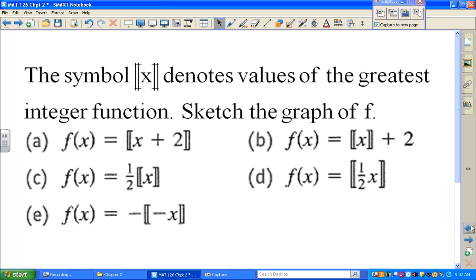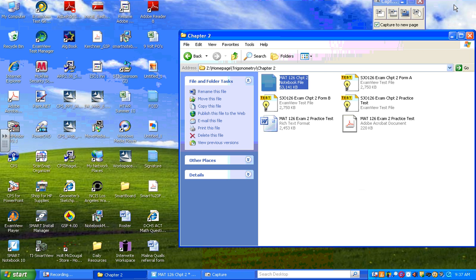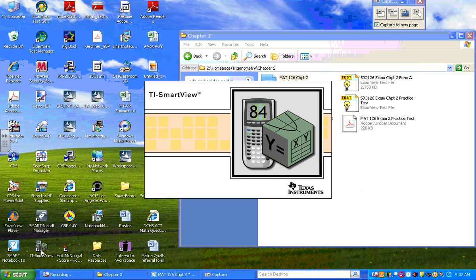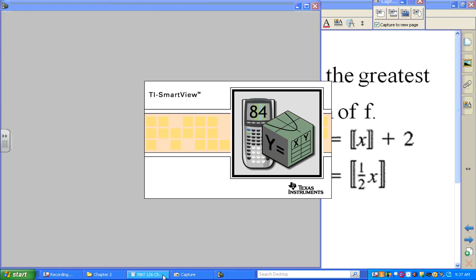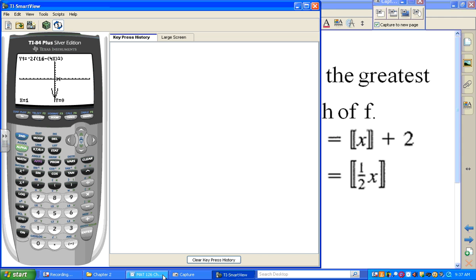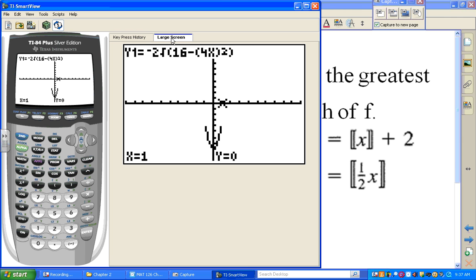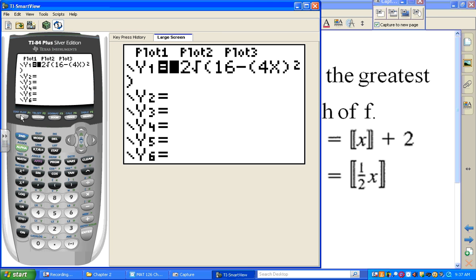INT under math. You go to graph y equals math number INT parentheses x plus 2. I guess I could take a look at it. It's not that big a deal. The main thing about it is you see it.